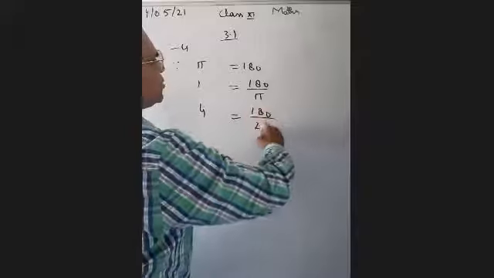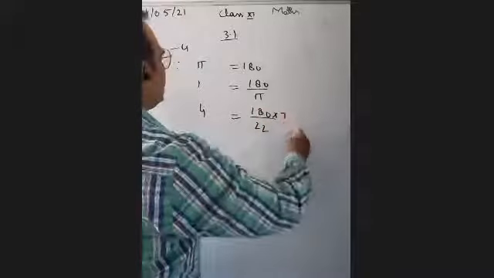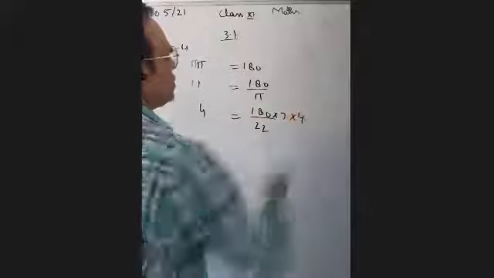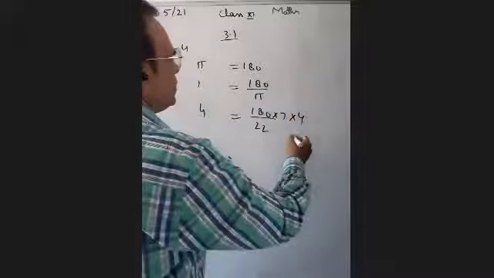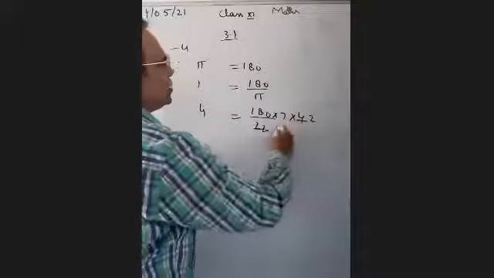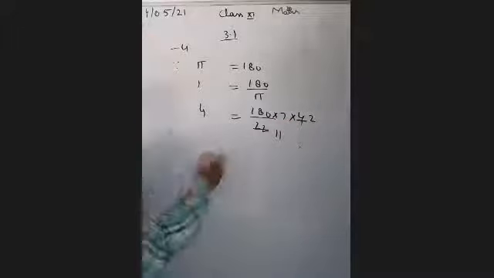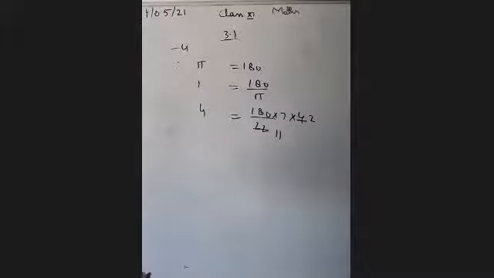Pi means 22 upon 7. You have to multiply 4 also. So if you divide, you will get 2 to the 4. Here you will get 11. The same manner you have to divide. First of all, if you divide, you have to take care, as I have told you, first answer will come in degree, then minute, and then second. You have to put minus sign also.